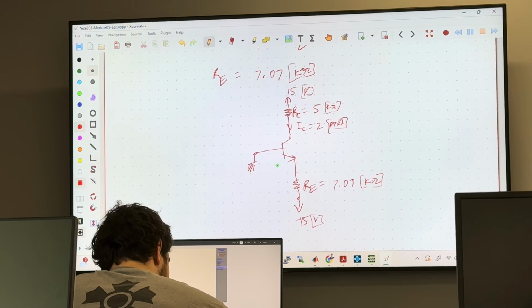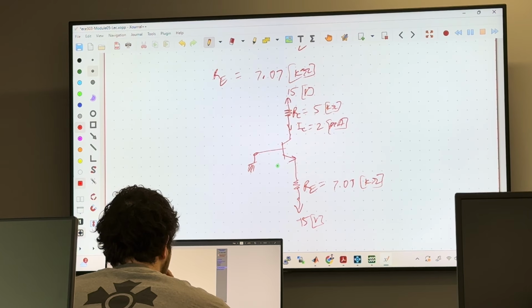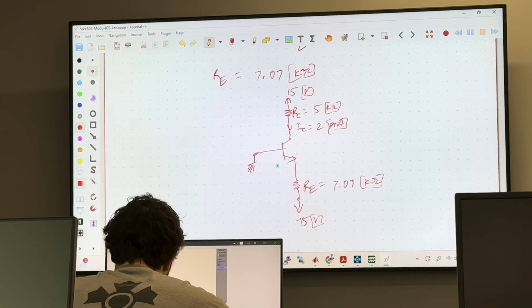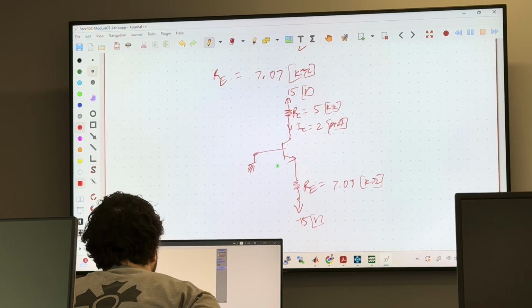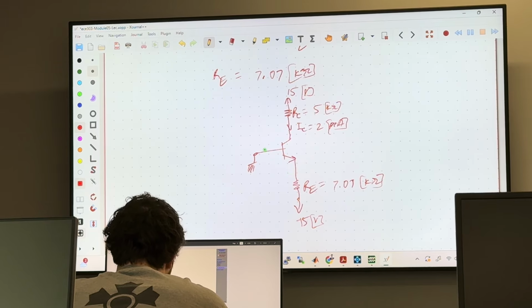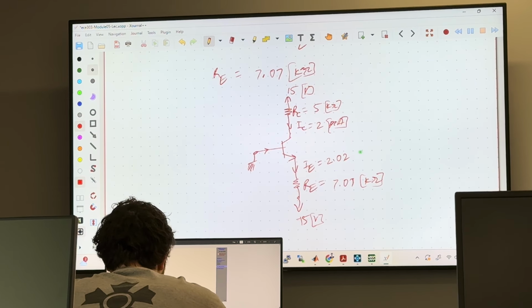We know RC, we know RE, we know the current. We want current IC flowing through the collector terminal. We know IB. We know IE. IE is going to be 2.02 milliampere.